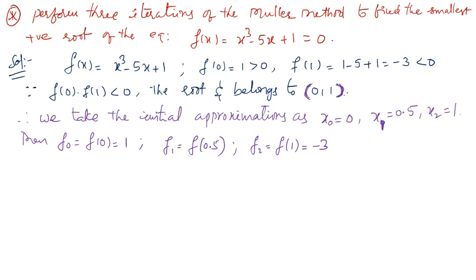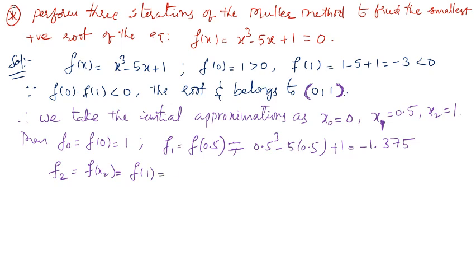We have not calculated f of 0.5 yet. So f of 0.5 is equal to 0.5 cube minus 5 into 0.5 plus 1. This value is negative 1.375. And f2 means f of x2, that is f of 1, which is negative 3. Okay, these values are over.